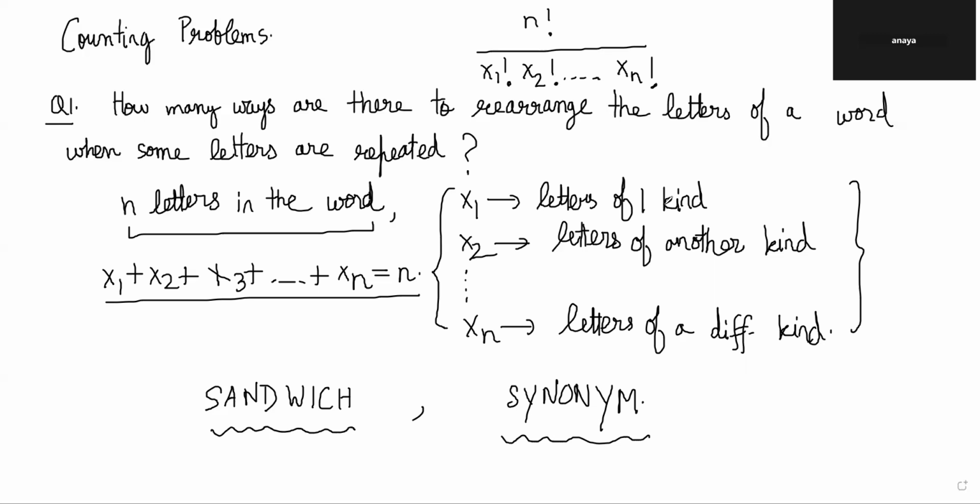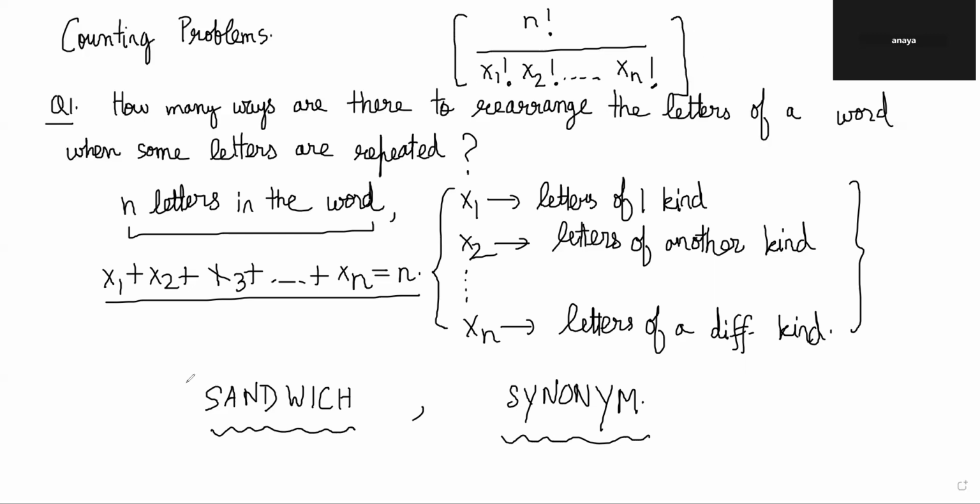Whenever you have some repetition of letters, for each letter, how many times it is repeated, that factorial you will have to divide from the total number, which was n factorial. This total n factorial is the case where all the letters are assumed to be different. So this is the general thing.